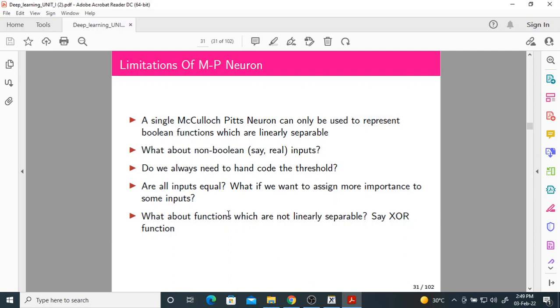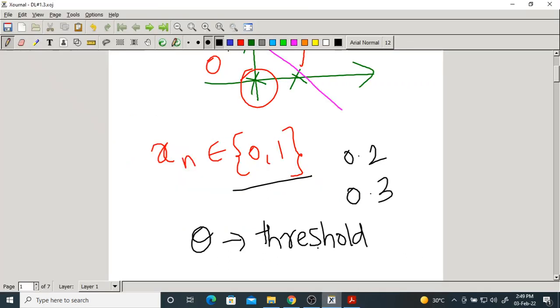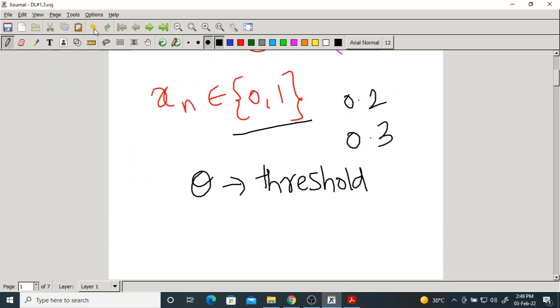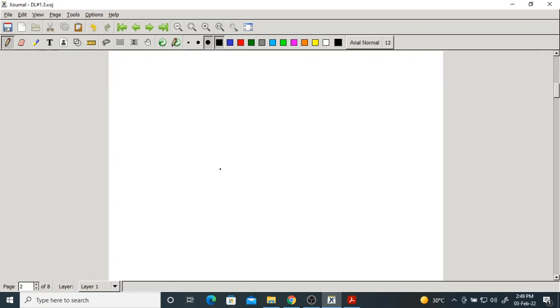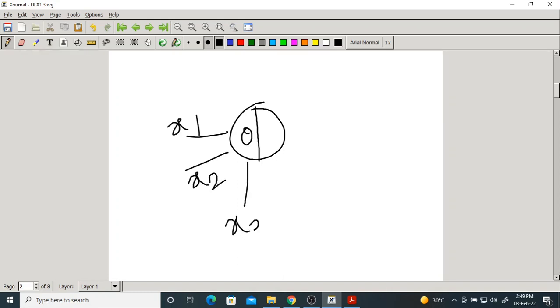All inputs are equal. What if we want to assign more importance to some inputs? In this case we have taken all inputs to be equal. Suppose you take a simple OR gate, with some theta here, inputs x1, x2, x3, and this is some decision y.